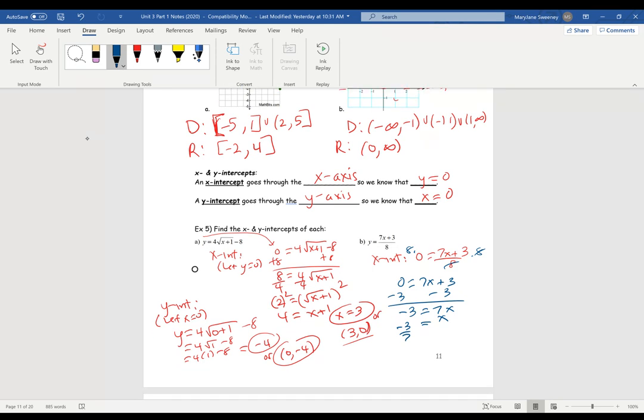If I were doing the y-intercept, I would let x be 0. Y is 3/8. And I think that's it. Yep, that's it.